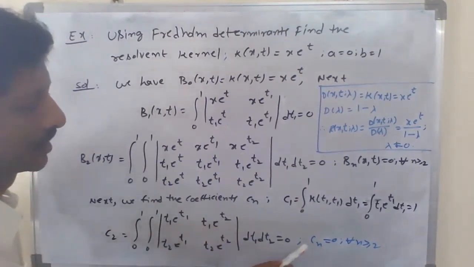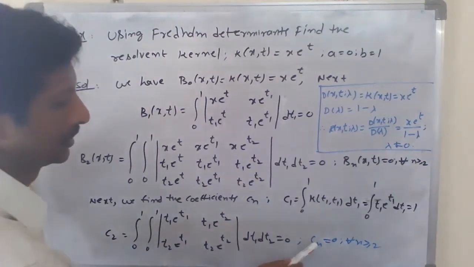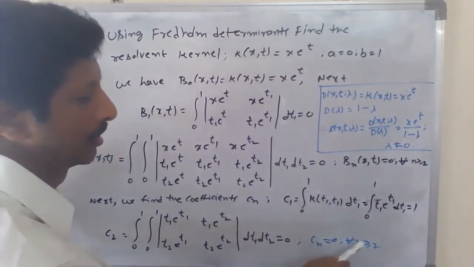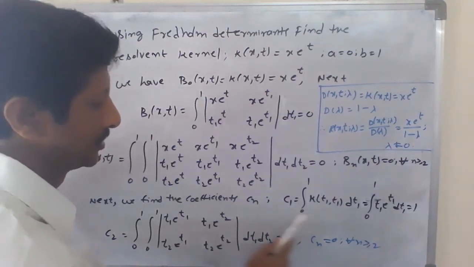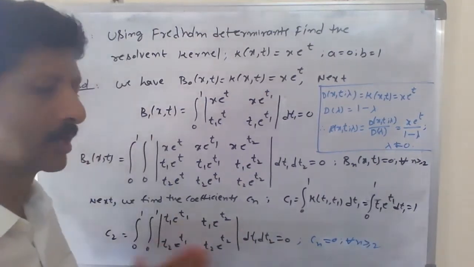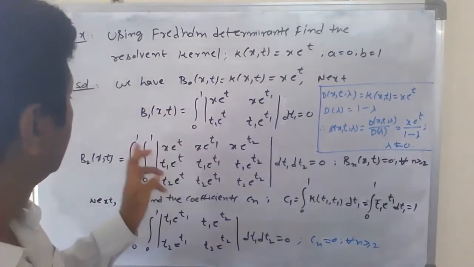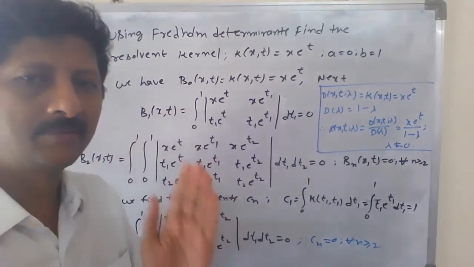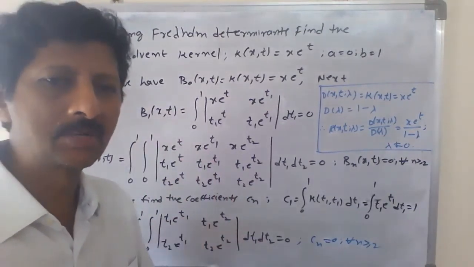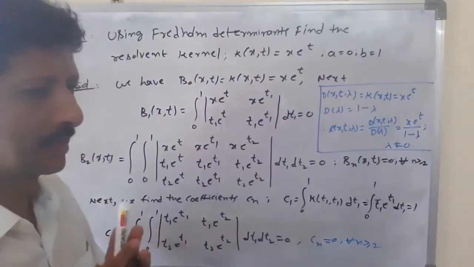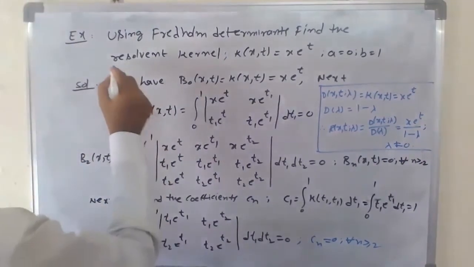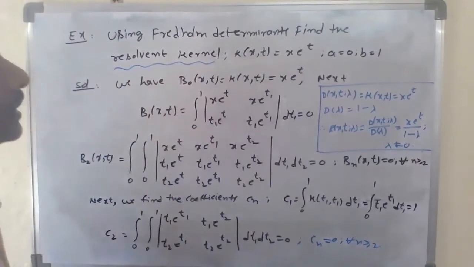So we conclude that Cn values will be 0 for all n greater than or equal to 2. This implies that once a quotient, for example Bn or Cn, vanishes, all its subsequent quotients will be 0.